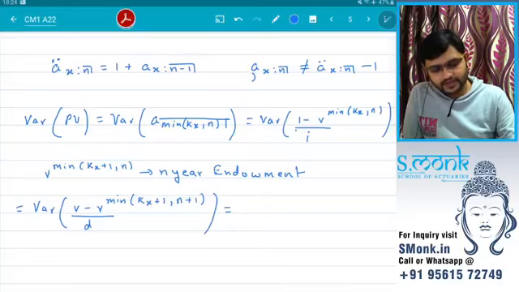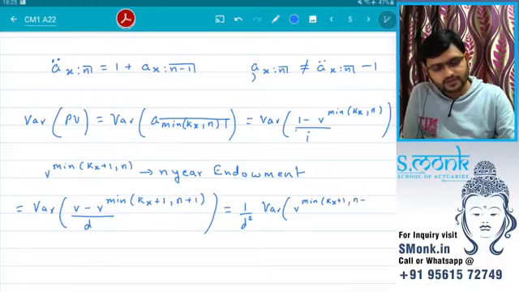So take d out, v is removed. I will have 1 by d square, variance of v raised to minimum of kx plus 1 comma n plus 1.